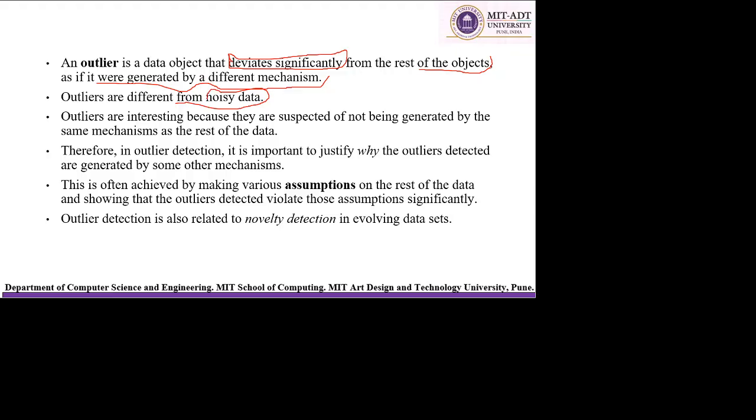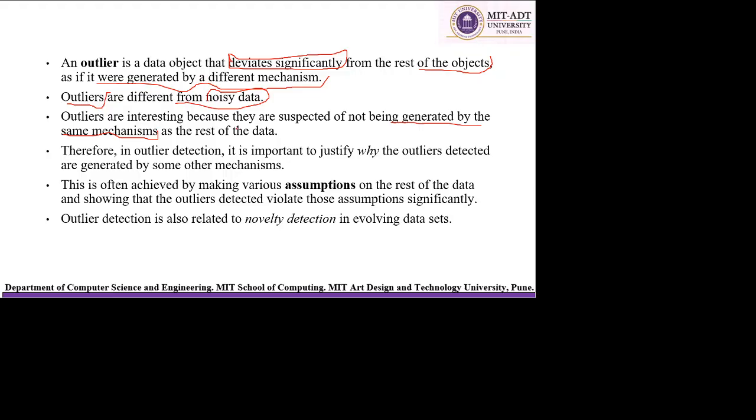We usually refer to these two terms interchangeably, but outliers are different from noisy data, as outliers may have been generated by another mechanism than the one normally used by the rest of the data.